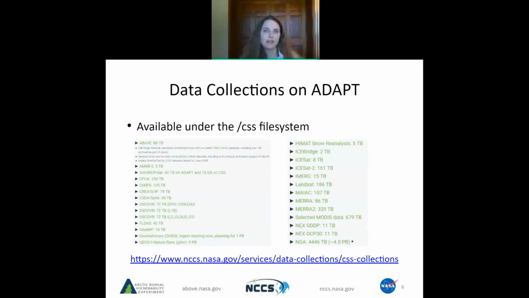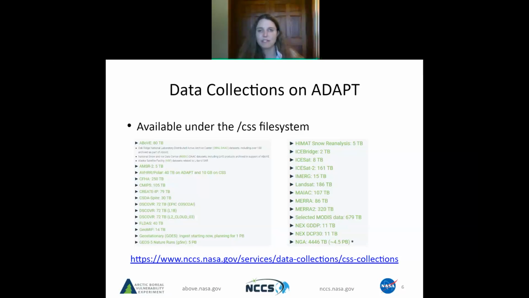This is new since we had our last webinar. We have many different data sets that are staged in what they call the CSS, the centralized storage system. That might not be what the third S is, but there's the CSS system, and there are many data sets that are already available for people to use here. I'll talk about 2 of them in the next few slides.